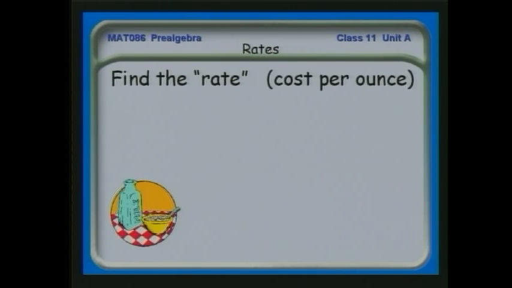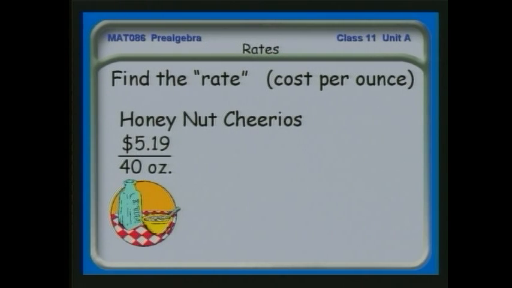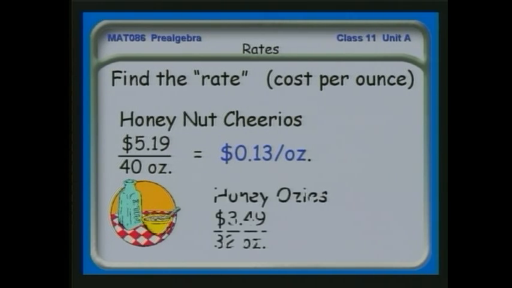And the way you can deal with that is find the rate, the cost per 1 ounce, find the unit price. If I take $5.19 and divide that by 40, that will give me the price per 1 ounce. When I did that, I find out the Honey Nut Cheerios cost me 13 cents per ounce, and when I do it with the generic cereal, I find it costs only 11 cents per ounce.